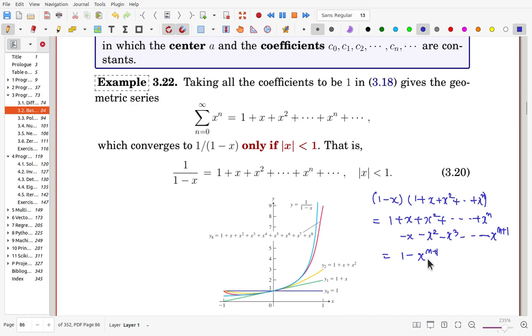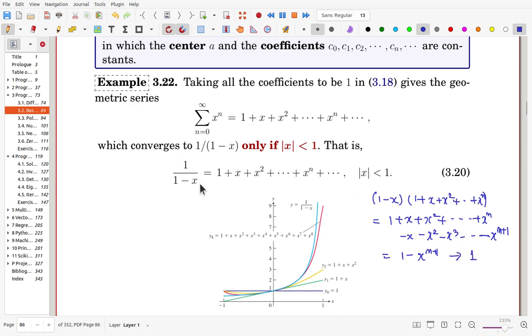Once x is larger than 1 in absolute value, we have a problem, and this term should go to 0. Only when x is less than 1 in modulus does it go to 0, so that the sum approaches 1 over 1 minus x. Right?